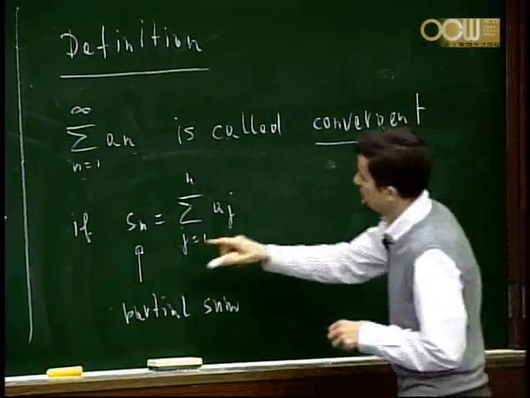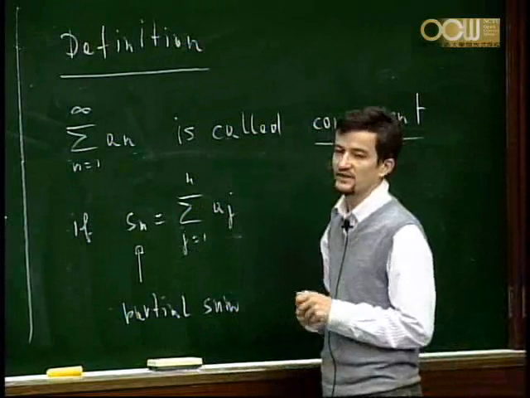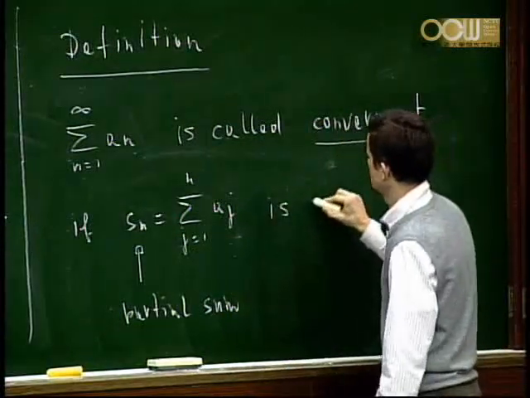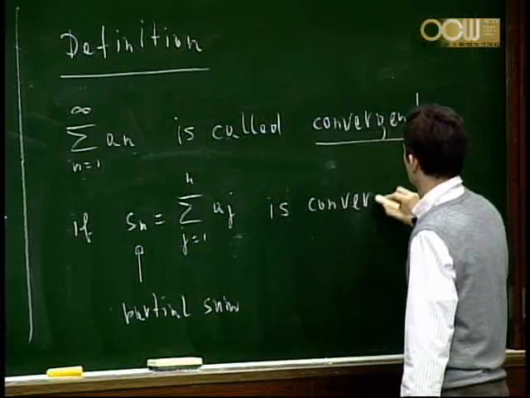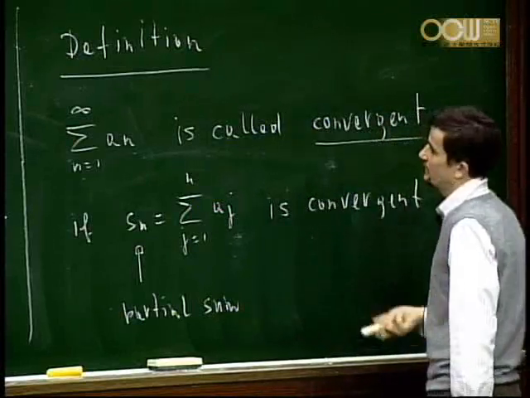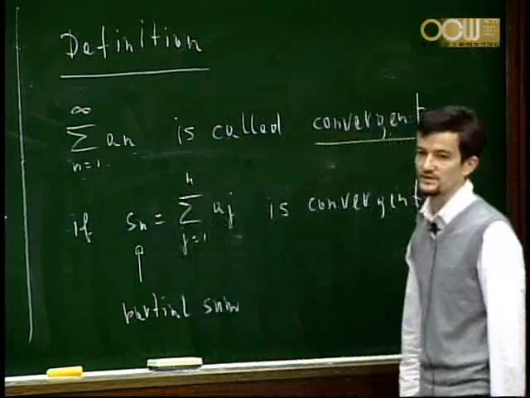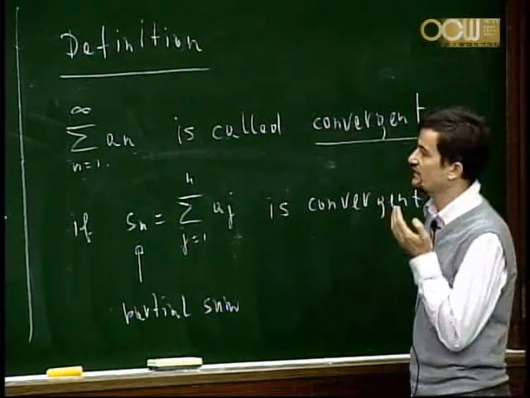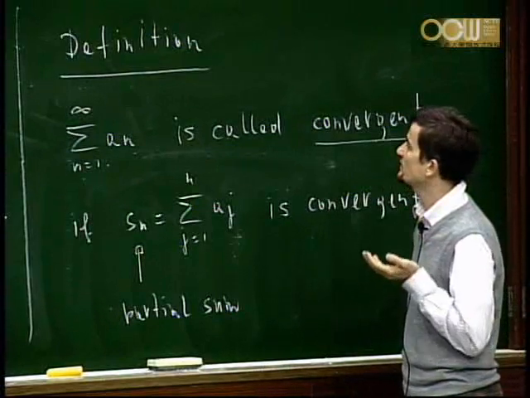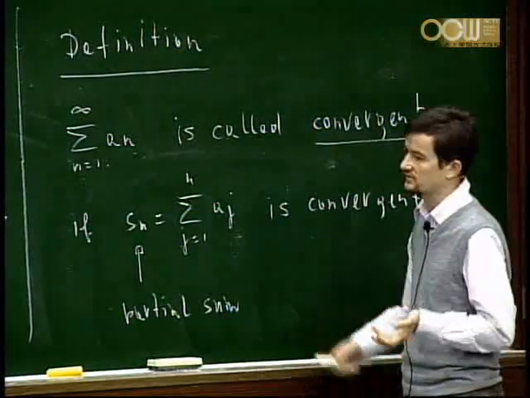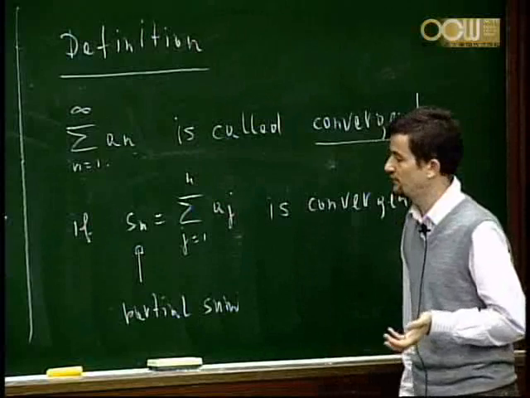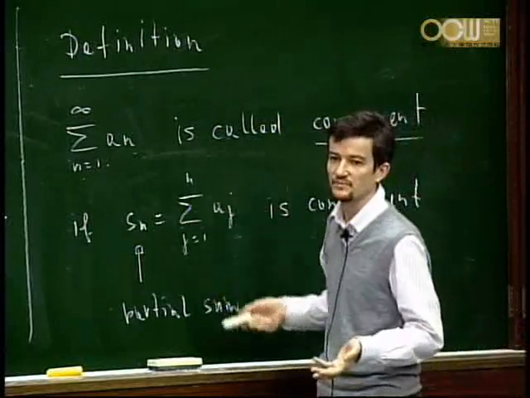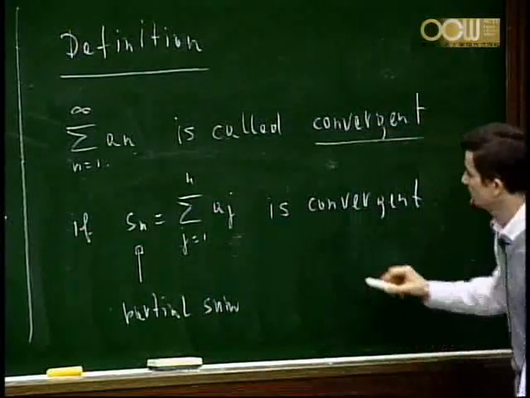This will give us a sequence. If this sequence is convergent, then the series will be called convergent. Otherwise, the series will be called divergent. So actually, the question whether a series is convergent or not just boils down to convergence of sequences, but the sequences are a little bit more complicated because you look at such partial sums.